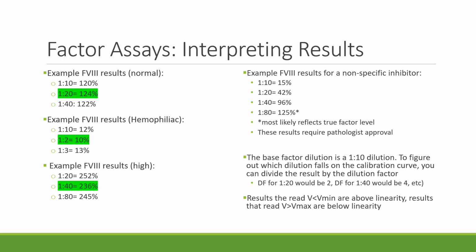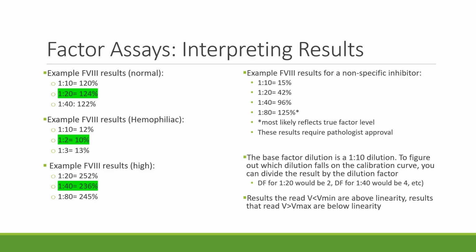Let's take a look here at number 8, factor 8. So the first one is a 1 to 10, and it is 12%. The 10%, so we're really going to just get our divisor. So we're going to divide, because it's not in a factor of 10 at this time because it's a very low dilution, 10 divided by 0.5.